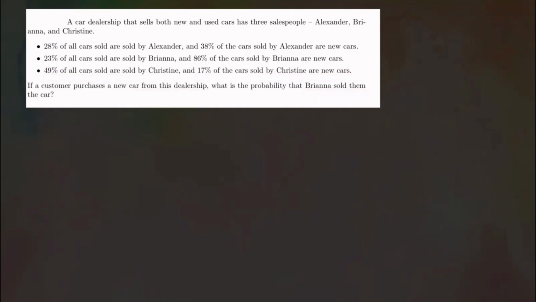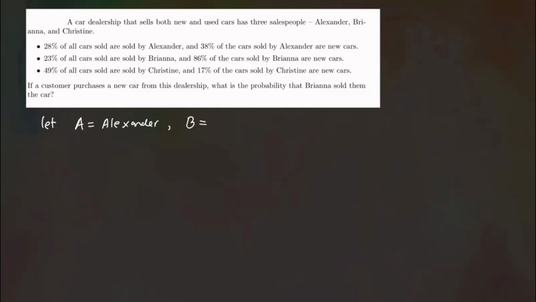Okay, so this is another very good example of drawing a tree diagram. Let me go ahead and define my events. I'll use the first letter of these salespeople's names. Let A stand for Alexander.